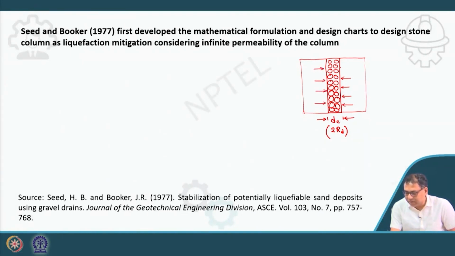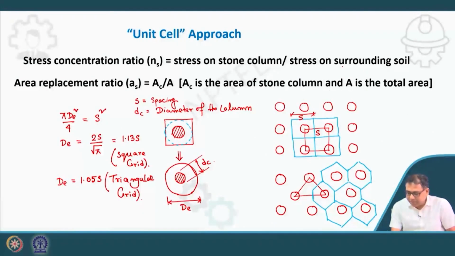Similarly, the water in this influence zone goes to this column. So the water is entering the column radially.